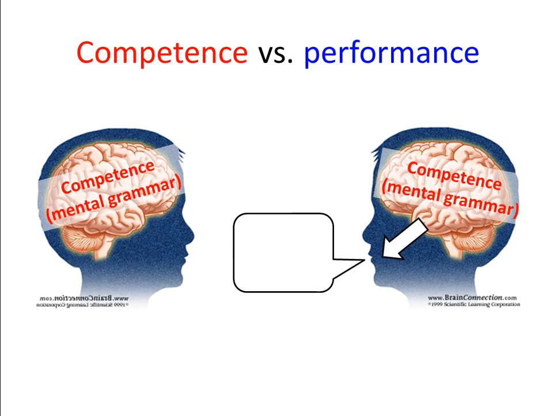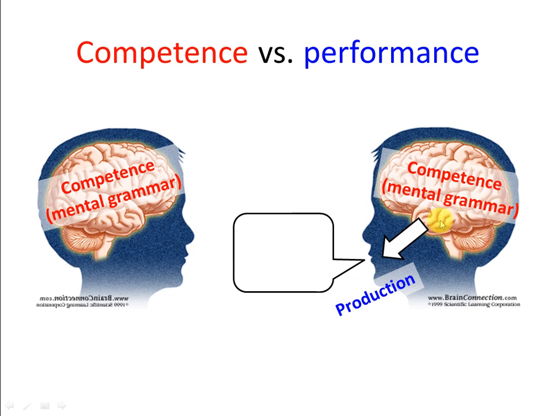And when you say something, when you speak, we call that production. So you produce language. And this thing is a kind of performance. We use this competence to produce a sentence.